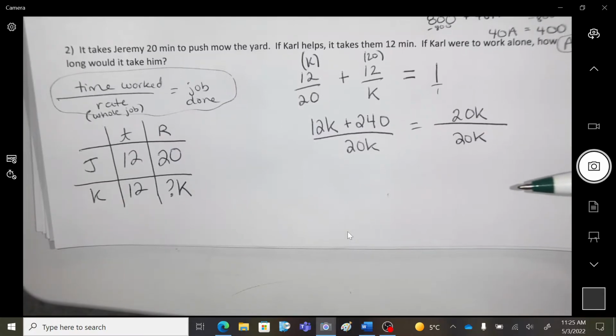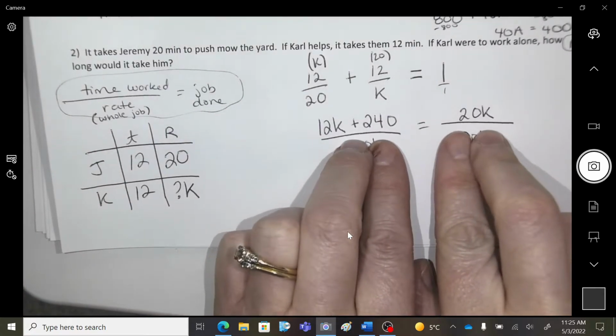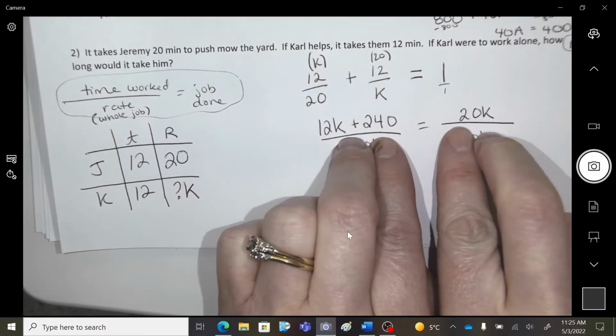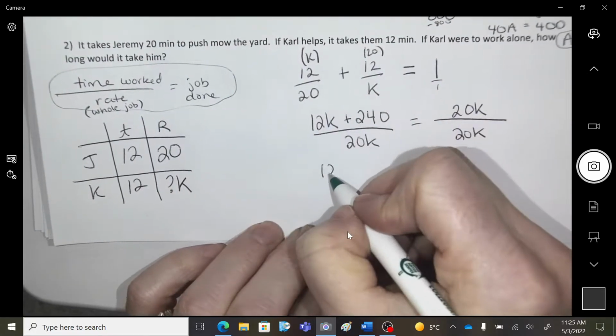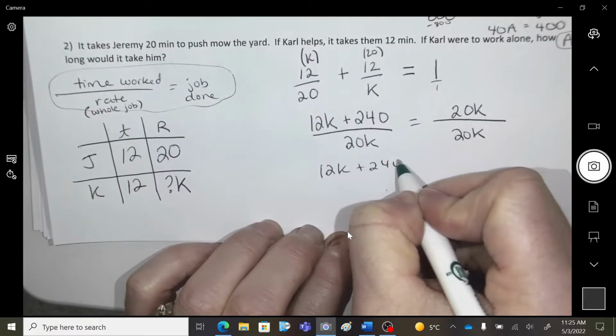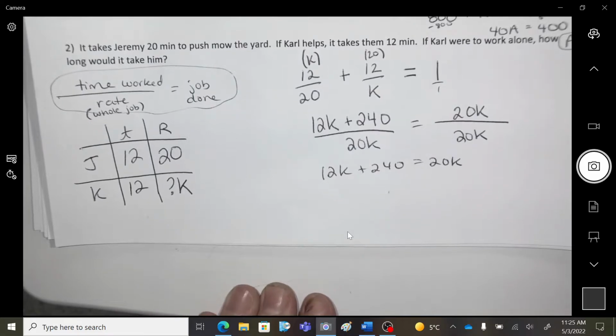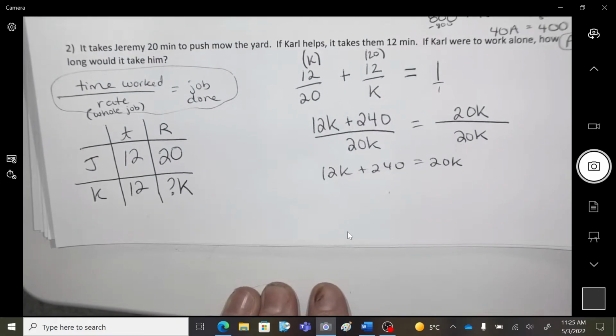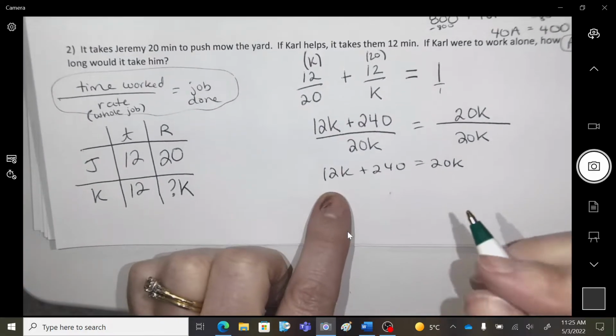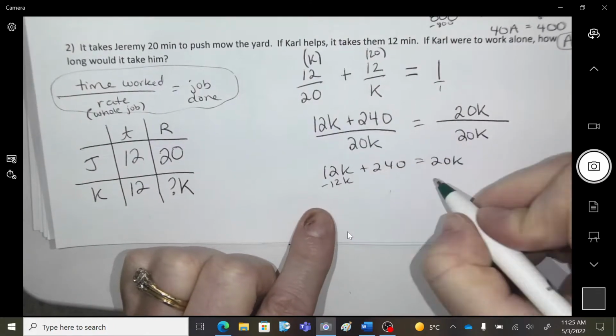Okay, now we did the common denominator. So remember, we're going to drop it, so this top has to equal this top. And then I'm going to isolate k, so minus 12k.